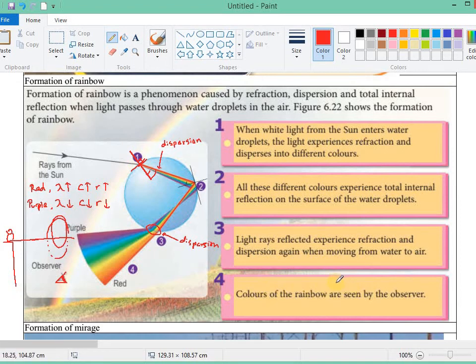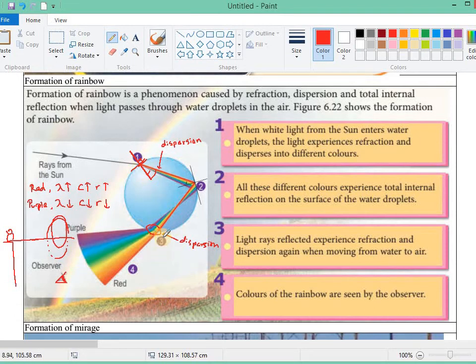So how is it that we can see a rainbow? We must stand with our back facing the sunlight, and in front must have water droplets. That means if you see a rainbow, there are water droplets in front of you.